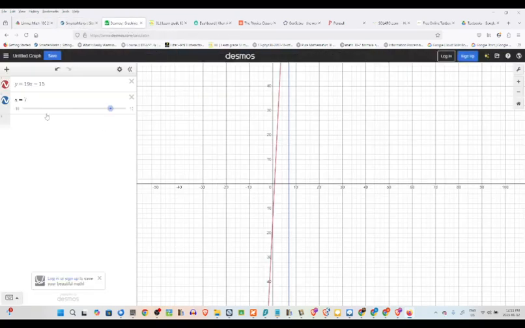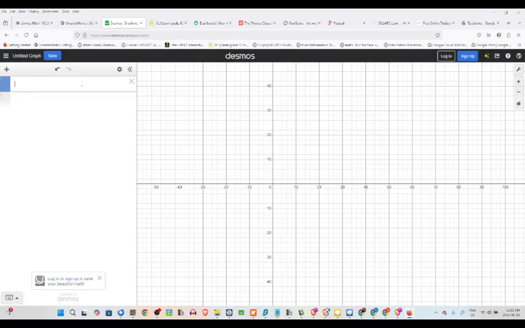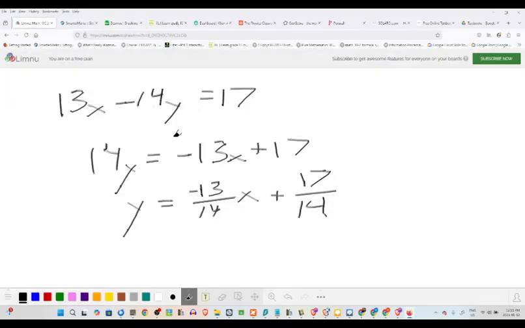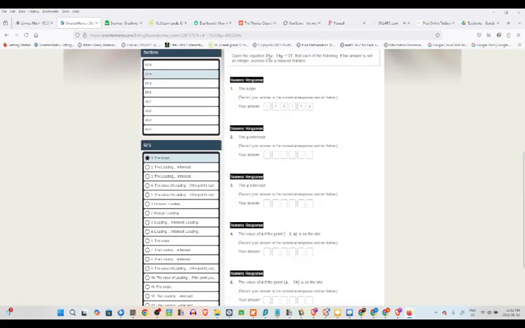So let me double check where that difference is. So 13x minus 14y. Actually, if x and y have different values, these should be positive. That's where I'm messing up someplace. Oh, it's because that sign never should have changed. That's a big part of our difference. So these should be positives.